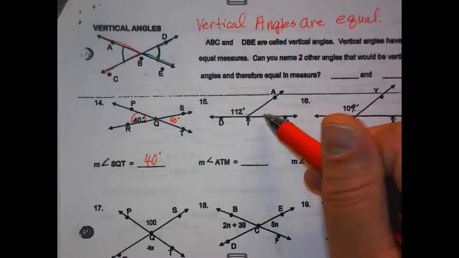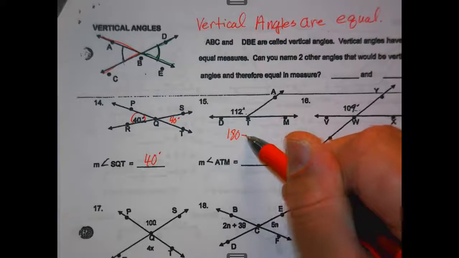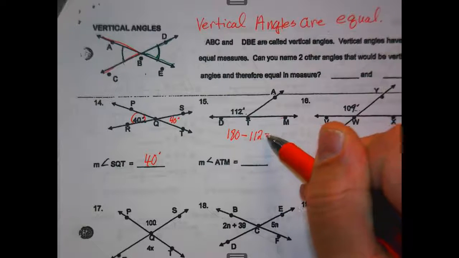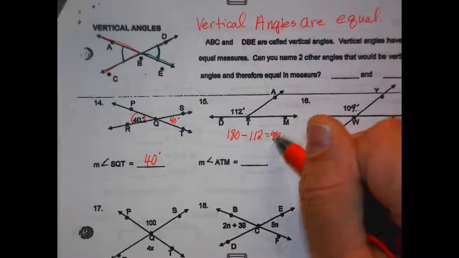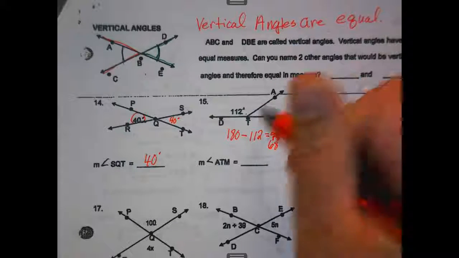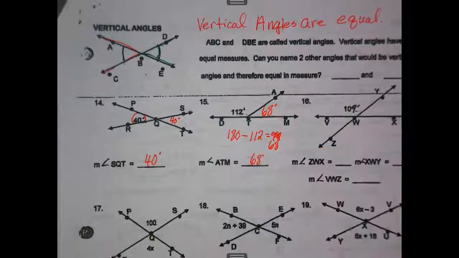Yes, it's a linear pair. So I'm going to take 180 minus 112. Gives me 78. No, 68. I was right. 68.